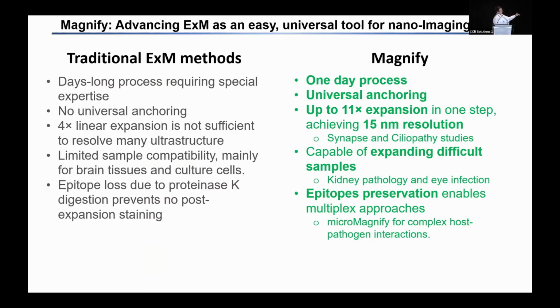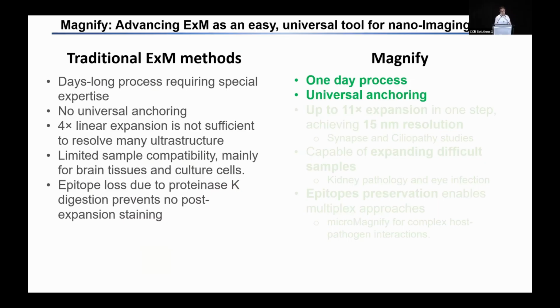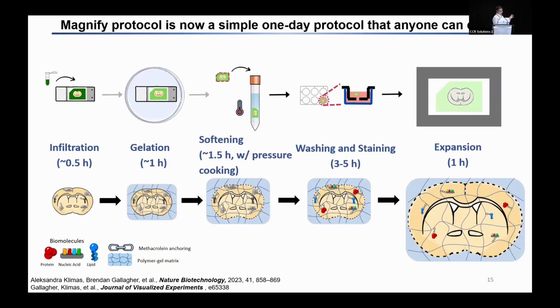So I'm going to go through all these features of Magnify. Actually, after several years of development, now as it stands, the Magnify protocol already becomes a one-day process. So all you need is just a pressure cooker that you can buy from Amazon. And then you follow this instruction, right?